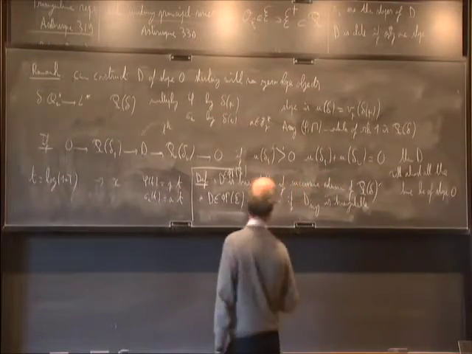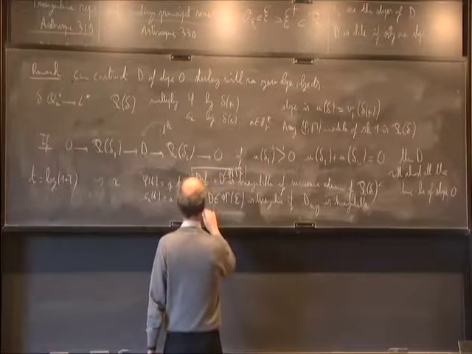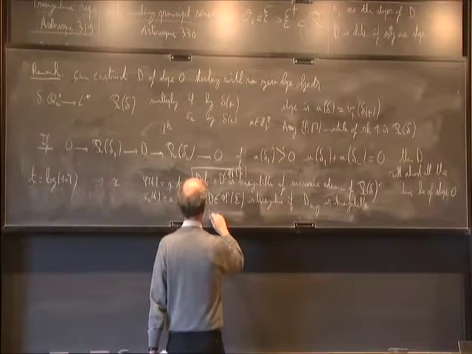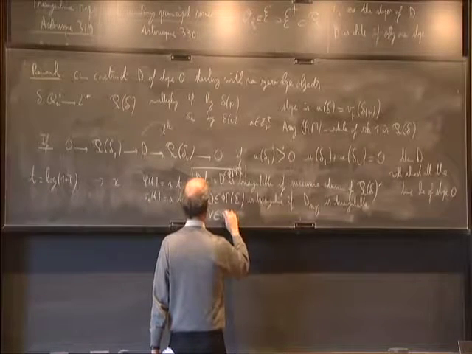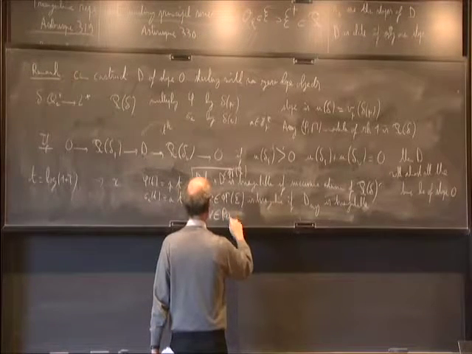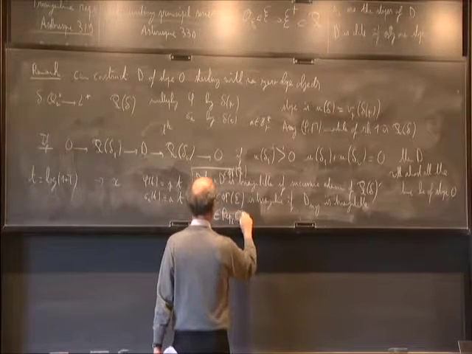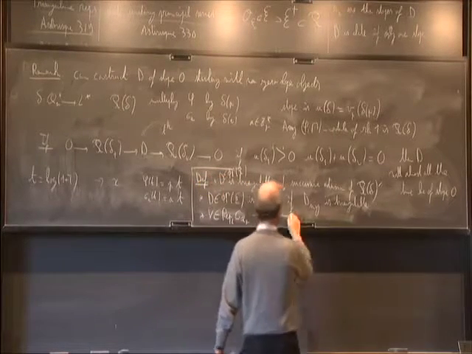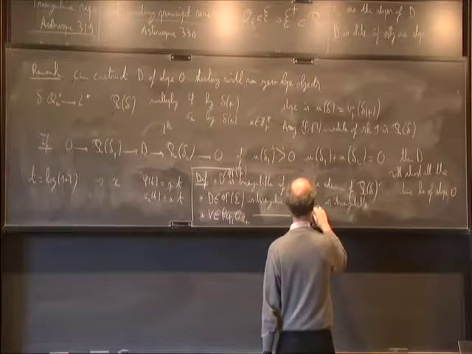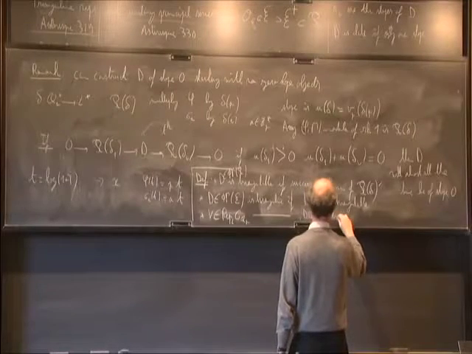So it's trianguline if D-rig is triangulable. And you say that V, which is a Galois representation, is trianguline if D of V is trianguline.